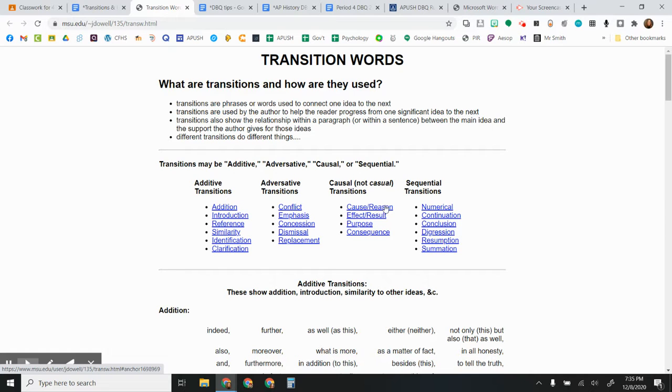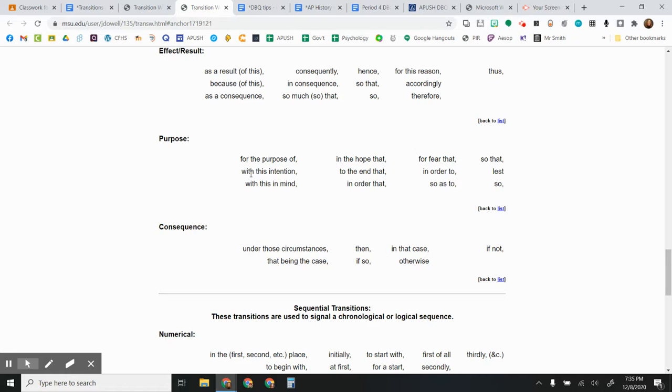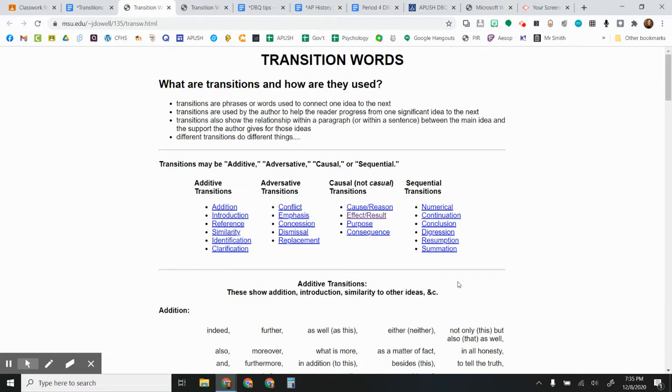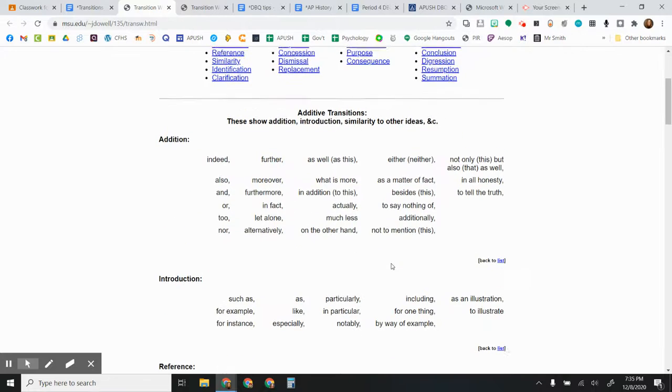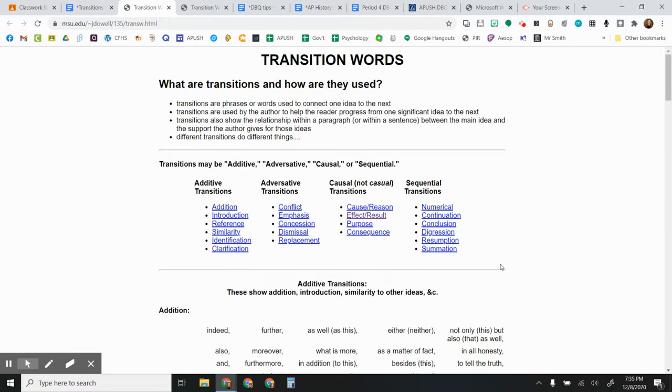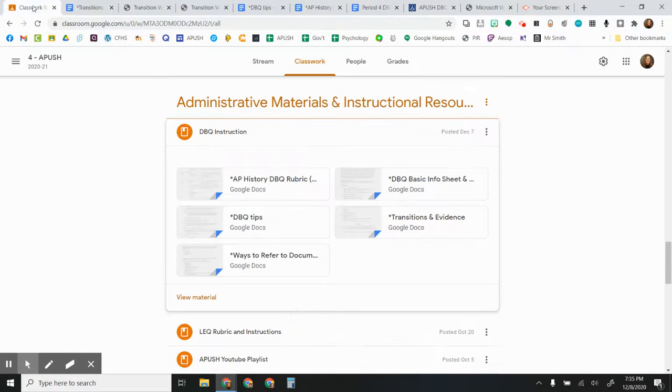Let's look at cause and reason, or effect and result transition words. For the purpose of, with this intention, as a result, consequently. Using those words demonstrate that you understand what the historical thinking skill is. So it might be helpful to look through a few of those and put some of them in your arsenal. Okay.